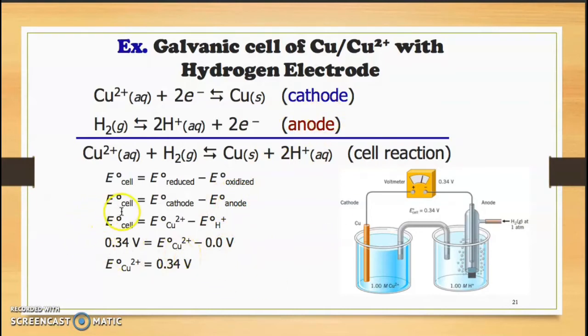The standard cell potential is equal to the SRP for Cu2+ to Cu minus the SRP for the hydrogen ion. The SRP for Cu2+ to Cu is equal to positive 0.34 volt.